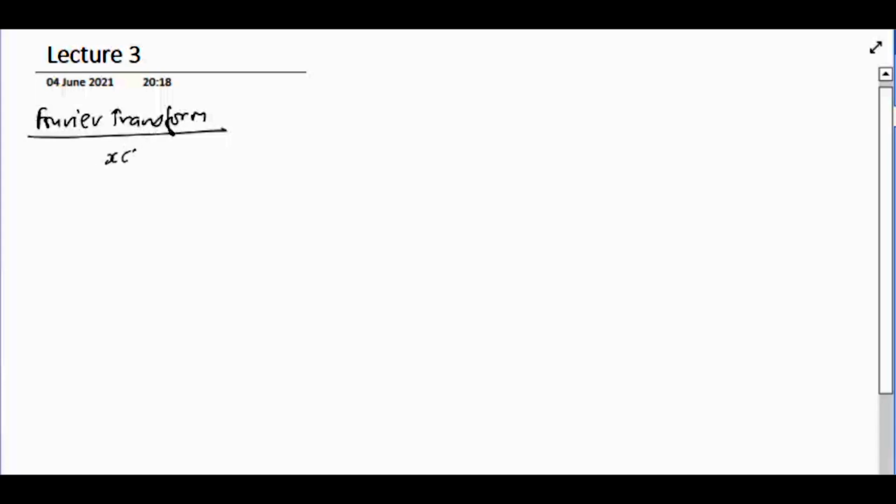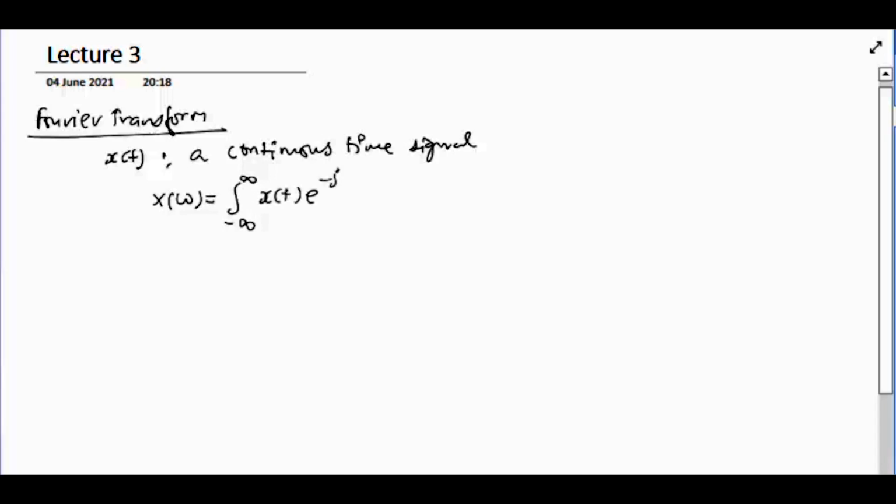Fourier transform of a continuous time signal x(t), so this is the continuous time signal, its Fourier transform, we'll use X(omega) to denote, and it's defined as the integral from minus infinity to infinity of x(t) e raised to minus j omega t dt. Okay, let's see an example.